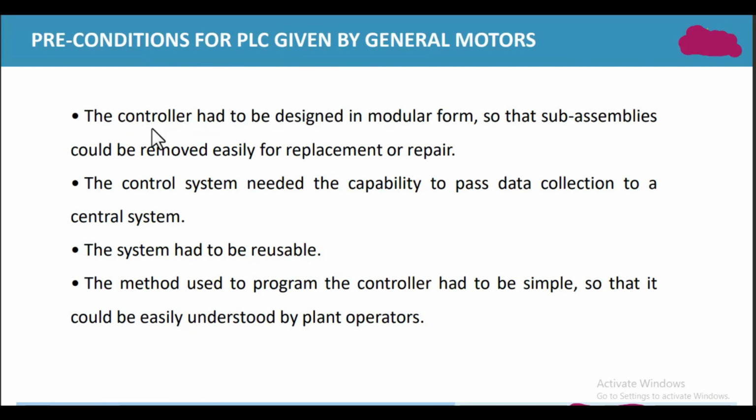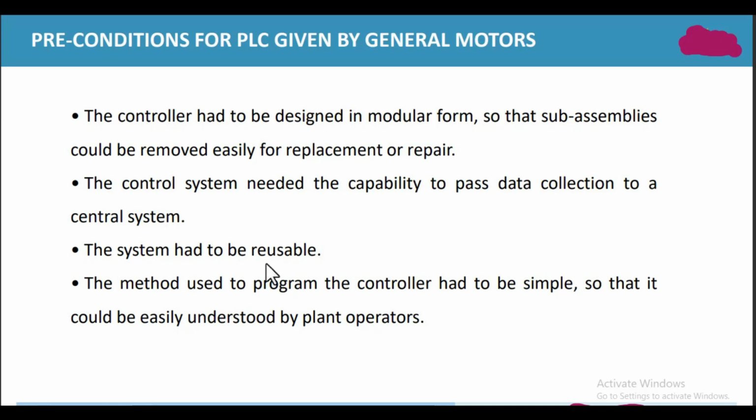Preconditions for PLC given by General Motors. General Motors defined some preconditions in order to develop a controller in modular form. The first one is that the controller had to be designed in modular form so that sub-assemblies could be removed easily for replacement or repair. The second one, the control system needed the capability to pass data collection to a central system, so that the data can be passed to a central processing unit (CPU).